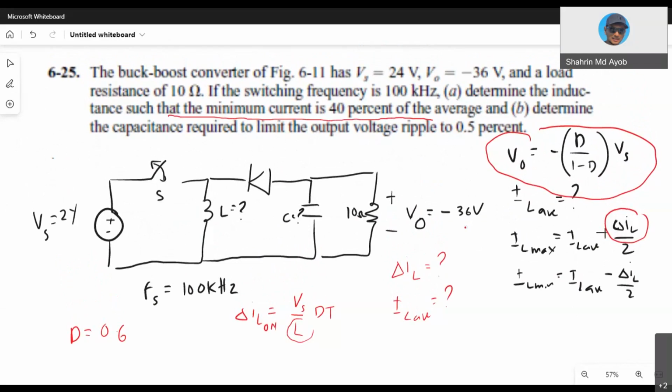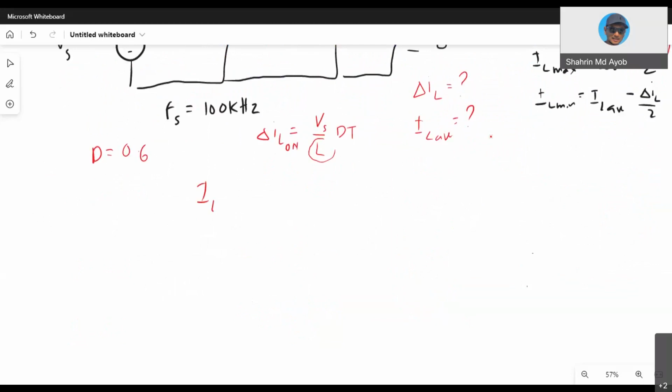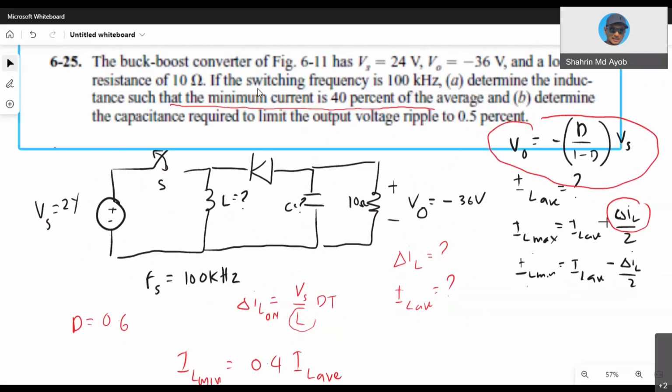Determine the inductance value such that the minimum current, referring to IL min, is 40% of the average, usually referring to the average inductor current.